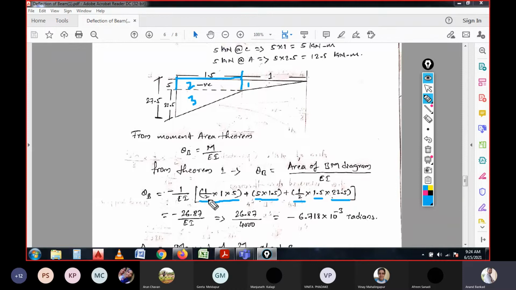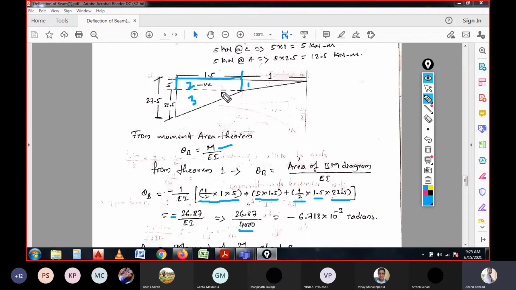So after all, if you calculate this, 26.87 is the total value of the area. So if EI is given as 4000, we are just substituting here. So M is the moment, the bending moment area under the load, which is 26.87.